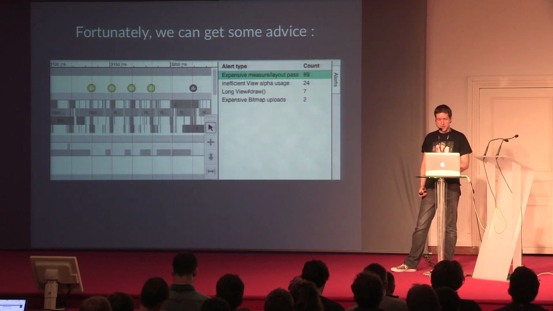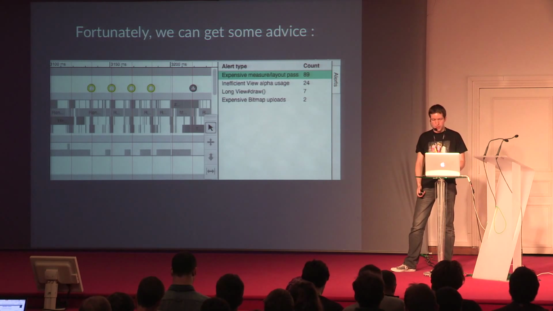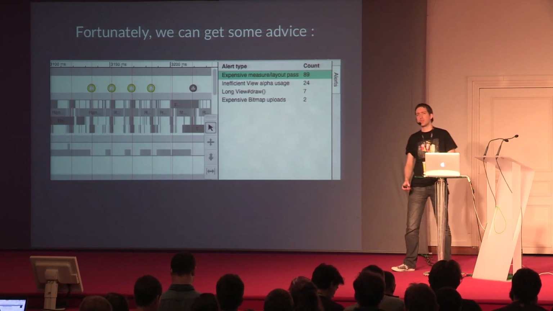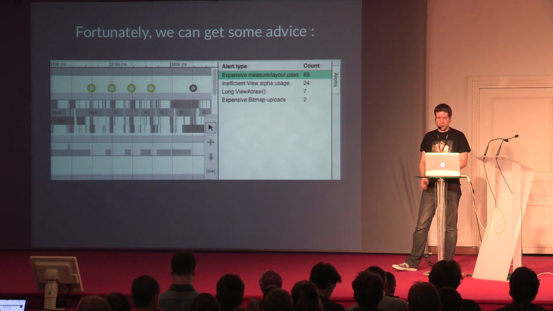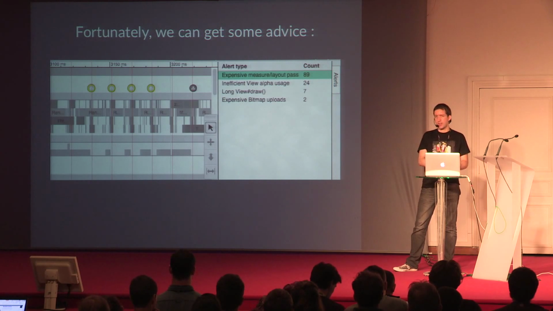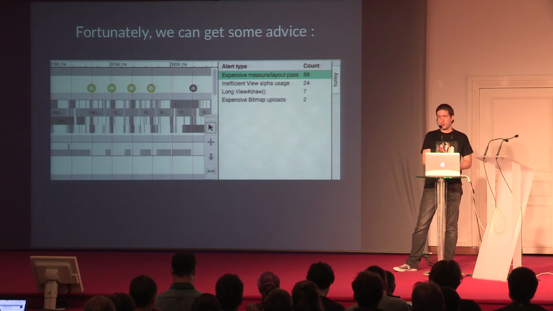If I look at the advice, I got a couple of expensive bitmap uploads. It's not too bad. If you have to handle bitmaps, do yourself a favor, use Glide or Picasso or whatever image loading library works for you.